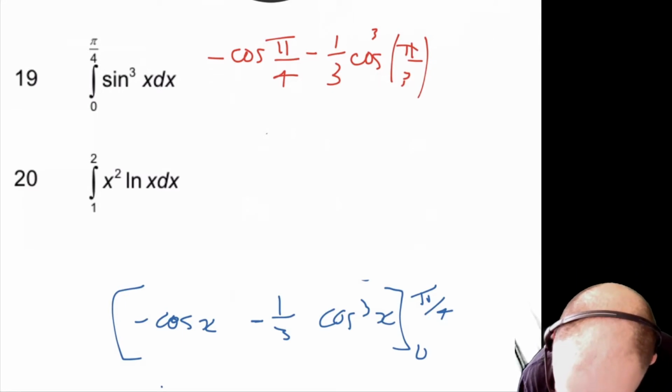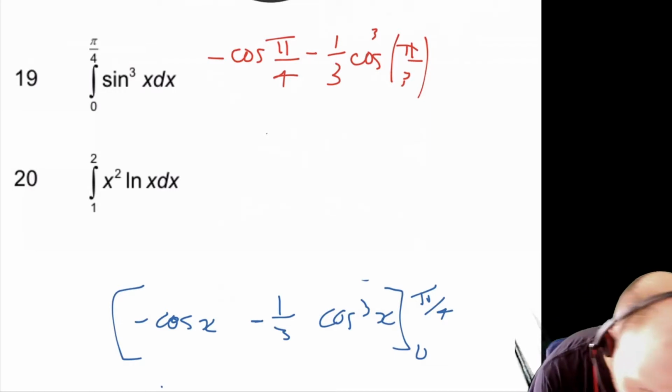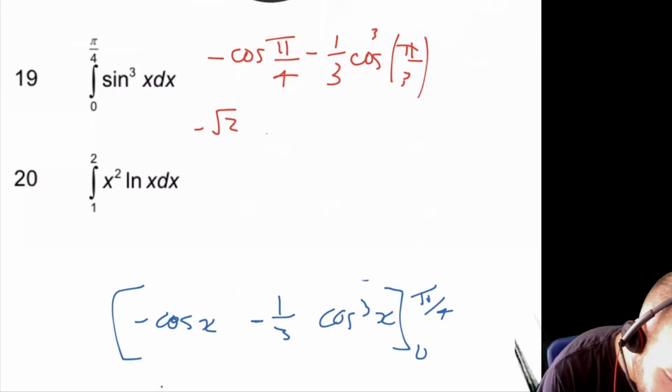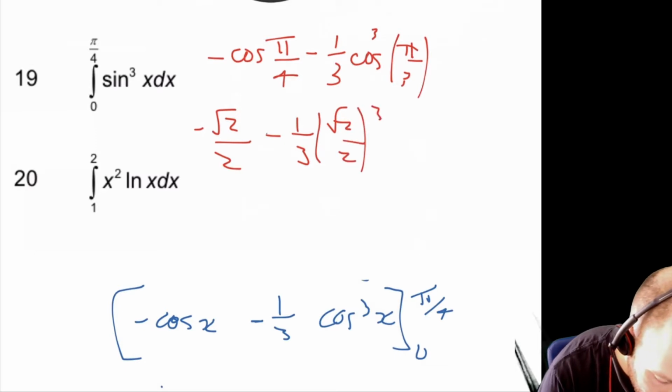So I'm going to put my calculator into radians. Cos pi by 4 is root 2 over 2, so minus root 2 over 2, minus 1/3 root 2 over 2 cubed.